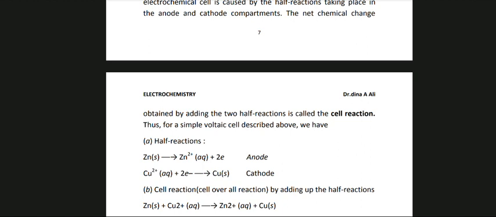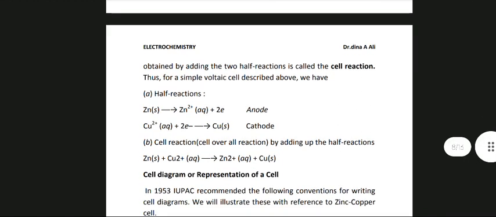Zn solid gives Zn2+ aqueous plus 2 electrons at the anode. And at the cathode, Cu2+ aqueous plus 2 electrons gives Cu solid. Cell overall reaction: by adding up the half reactions, Zn solid plus Cu2+ aqueous gives Zn2+ aqueous plus Cu solid.